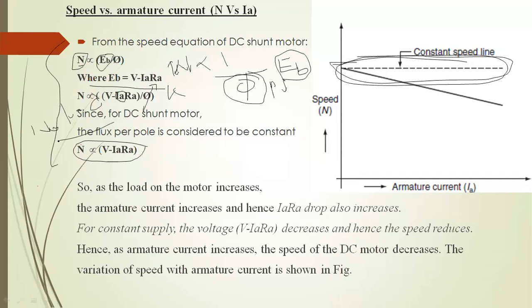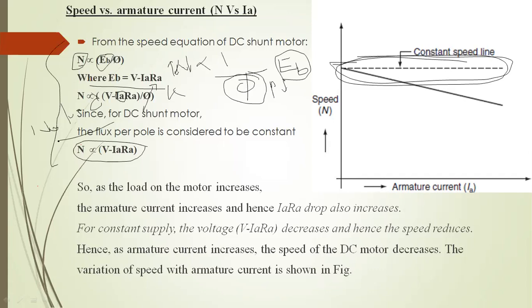The flux is going to decrease, and the drop is also going to increase. Due to the armature reaction, but here we are going to neglect the armature reaction. By neglecting the armature reaction, we are making the flux almost constant.